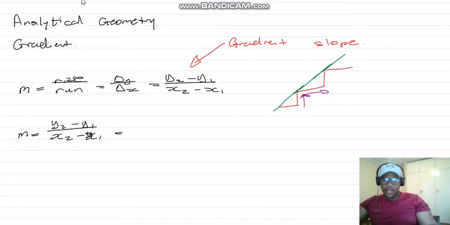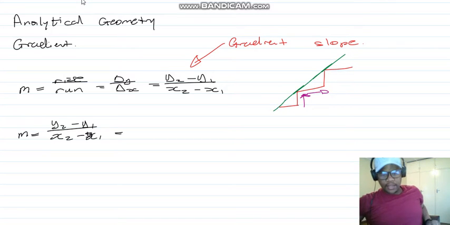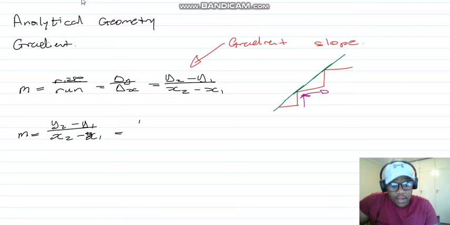Someone could ask right now, does it matter if I say y1 minus y2 and x1 minus x2? The answer is it really doesn't matter. So you can say this is y1 minus y2 over x1 minus x2. What is wrong is that you cannot mix them up, right?